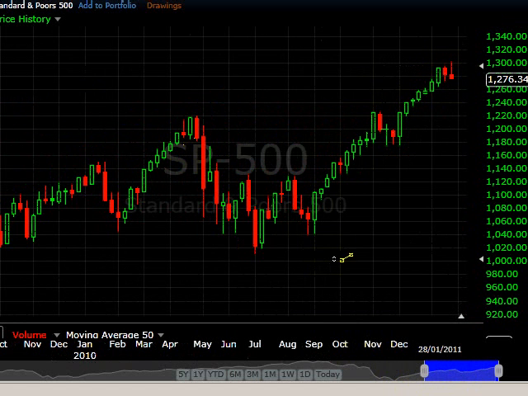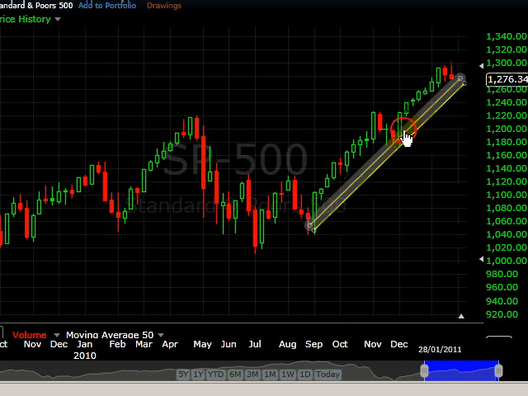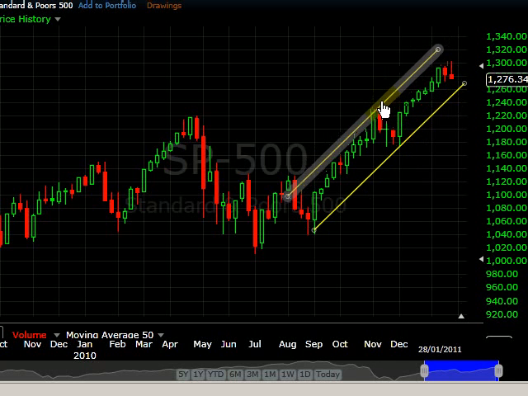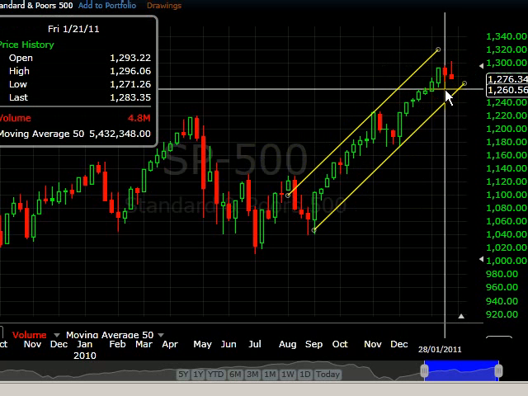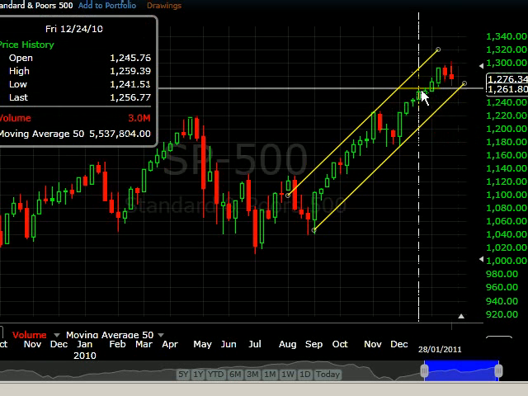If I draw my trend line from here to here, and then create another parallel trend line, what I like to call a channel, then to me the S&P 500 is likely to at least get down to the bottom here, 1260. I do believe the market's likely to get down to there.